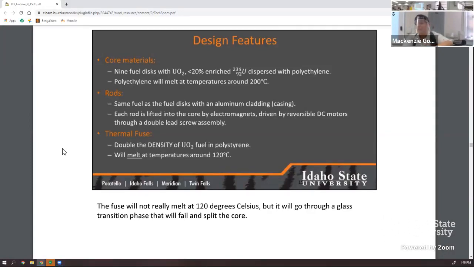Though they are also driven by a spring to make sure that they go at a fast enough time, right? And then the thermal fuse has doubled the density of the uranium dioxide so that it will produce more energy and therefore melt sooner.